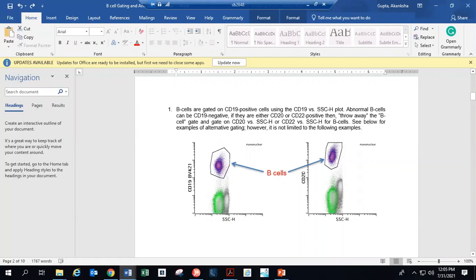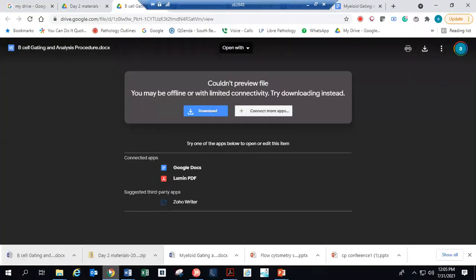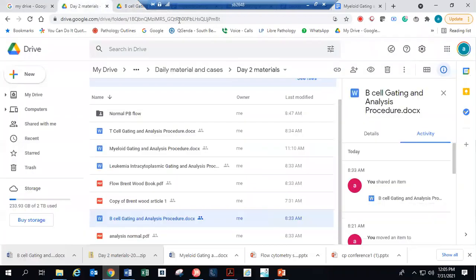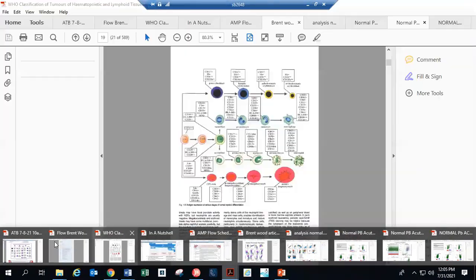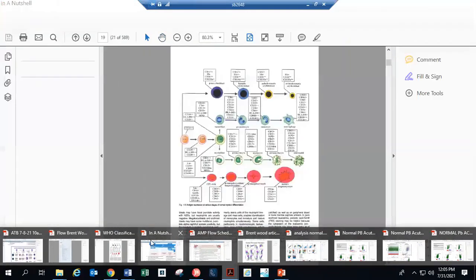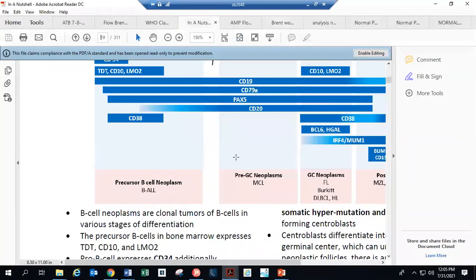Okay, cool. All right, so the B cell plots and everything. Reminding ourselves of what we read in B cells yesterday. So we were reading this about the B cells, right?